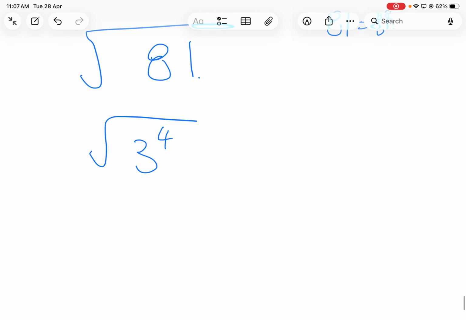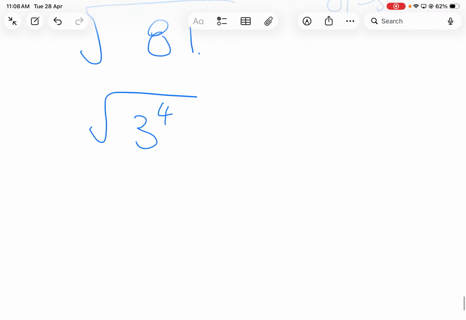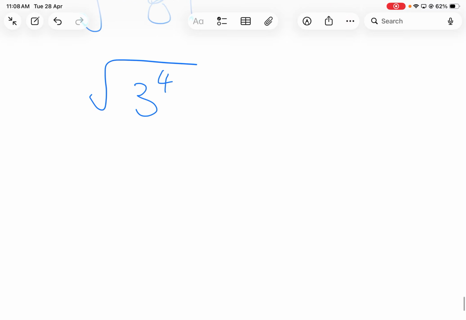Then, if I want to find out the square root of 81, if I don't have a calculator, if I don't know that 9 times 9 equals 81, then from 3 to the power of 4, the most basic idea of square root is: what multiplied by itself becomes 3 to the power of 4?